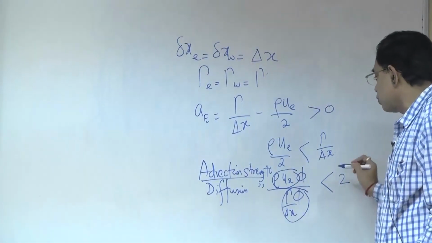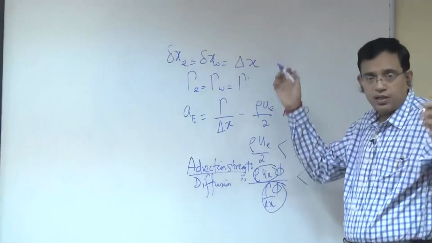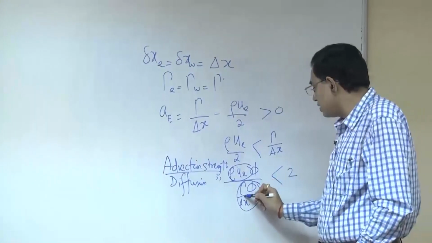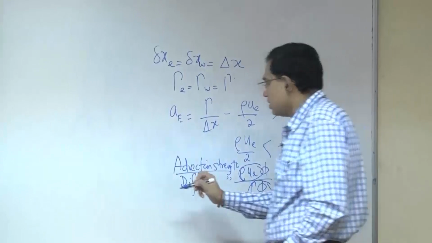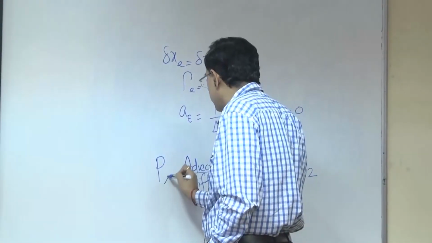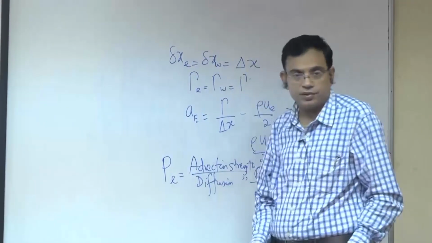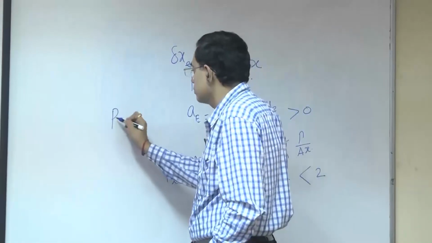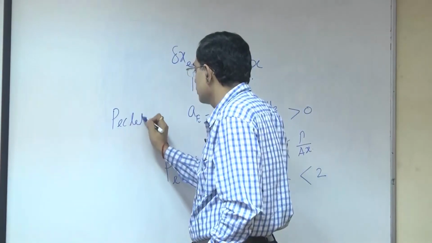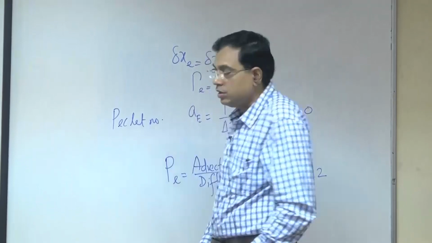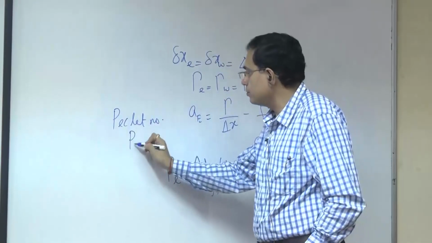So, you have this as physically it means advection strength by diffusion strength. So, that has to be less than 2, not globally, but based on this length delta x. So, this ratio of advection to diffusion is known as Peclet number, PE.